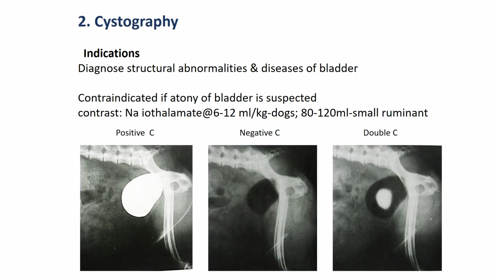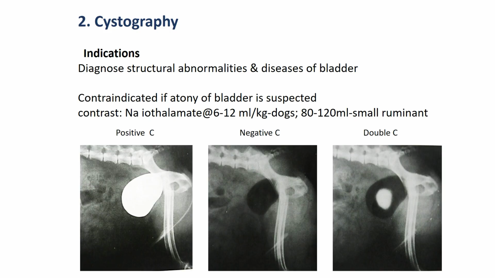For cystography, we can use positive contrast as well as negative contrast, double contrast as well as triple contrast technique. For the positive contrast technique, we have to catheterize the animal, in a sedated patient in lateral recumbency, and inject the sodium ethylamate contrast agent inside the urinary bladder and take the X-ray.